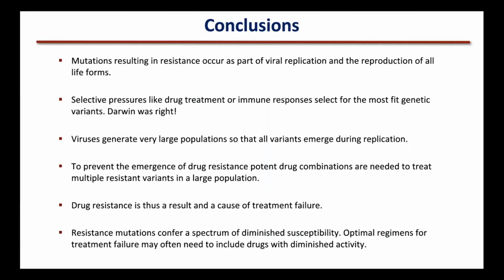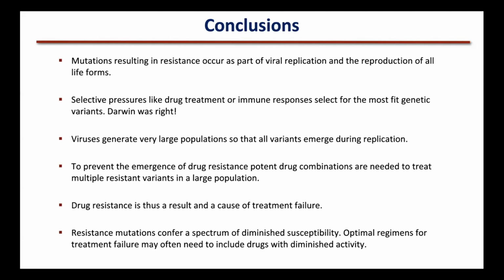So to conclude, mutations resulting in resistance occur as part of viral replication and reproduction of all life forms. Selective pressures like drug treatment or immune responses select for the most fit genetic variants. Darwin was right. Viruses generate very large populations so that all variants emerge during replication.